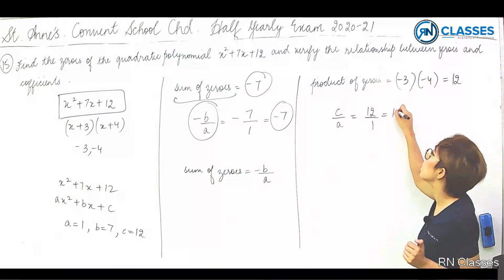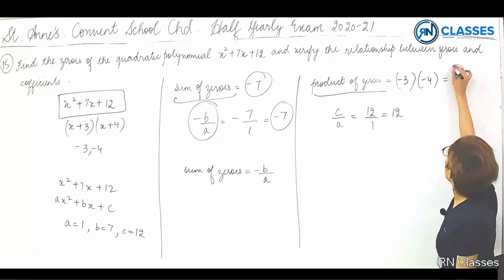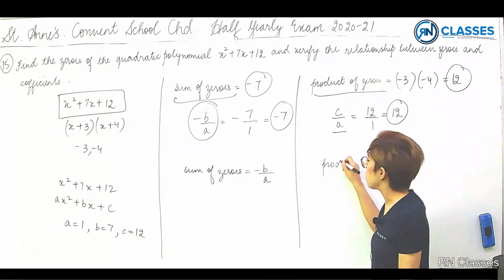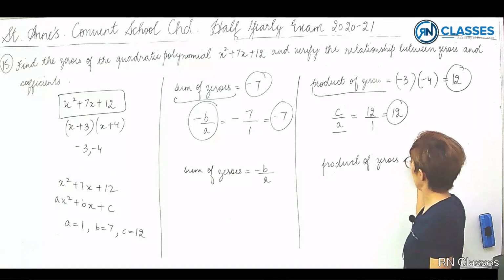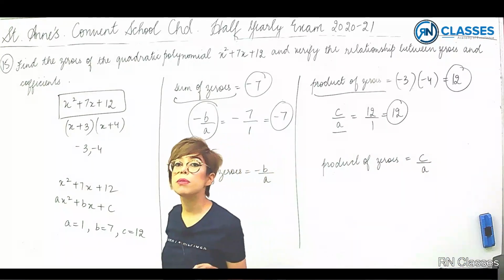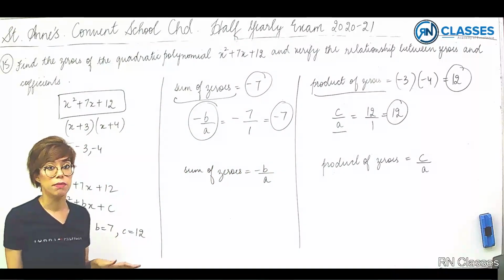So, this is also equal to 12. So, product of zeros and c by a, they are also equal. Product of zeros is equal to c by a. In this manner, you have verified the relationship between the zeros and the coefficients of the polynomial.